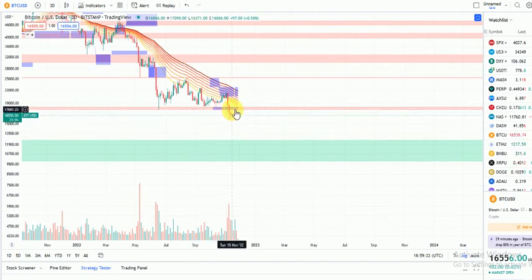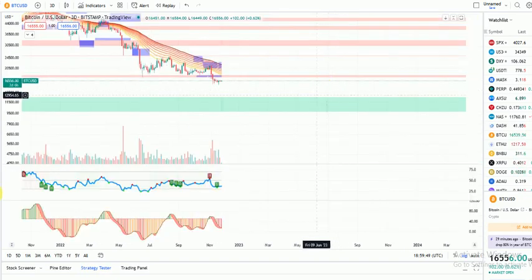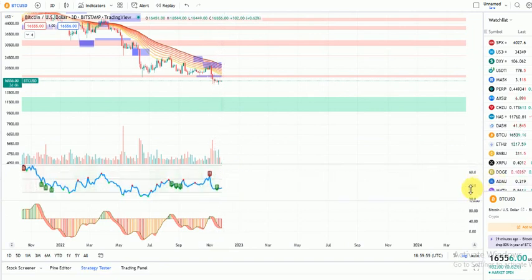If the 17,000 doesn't act as enough resistance, we could see price push up even to the 20,000 region, and then from there we could have a further dump in the price of BTC. If we bring up our indicators, our indicator shows us for the money flow that we should expect further upward movement at the moment, right?